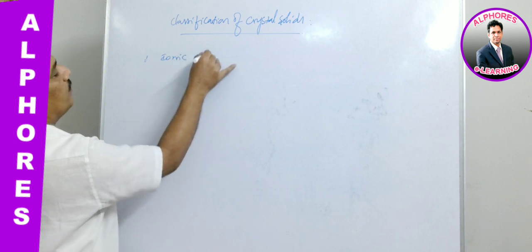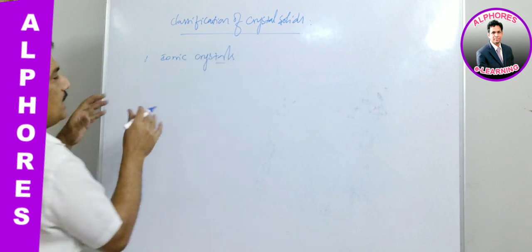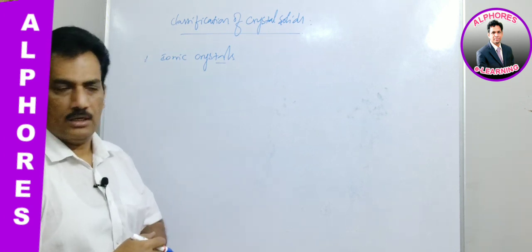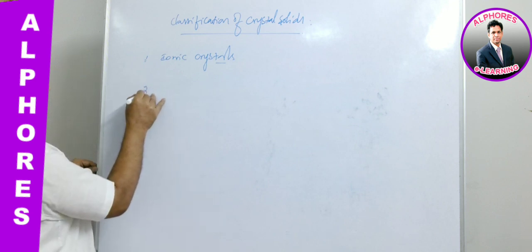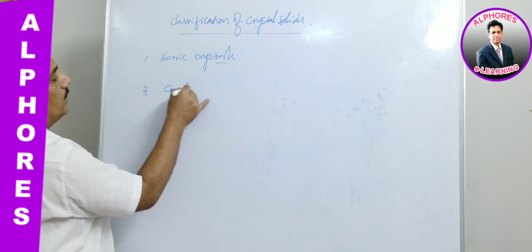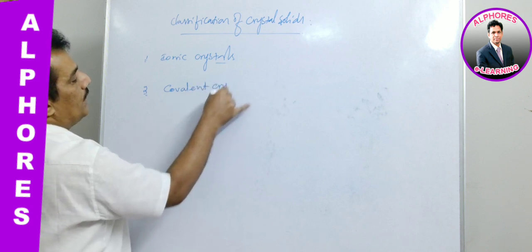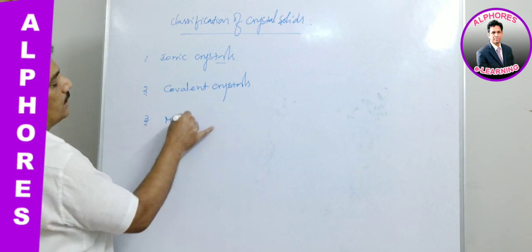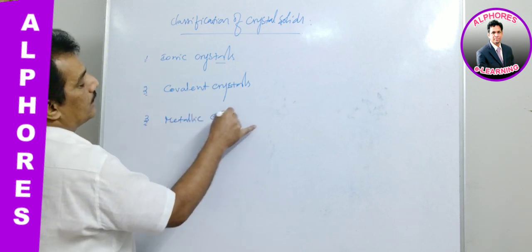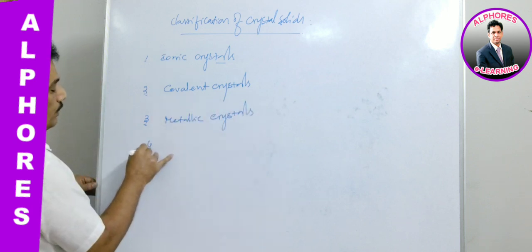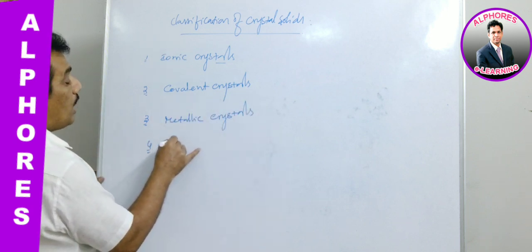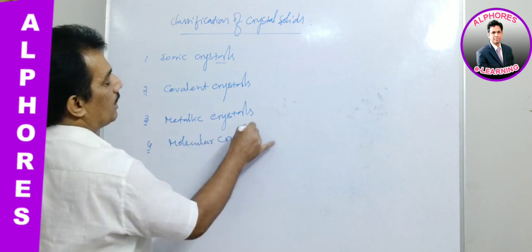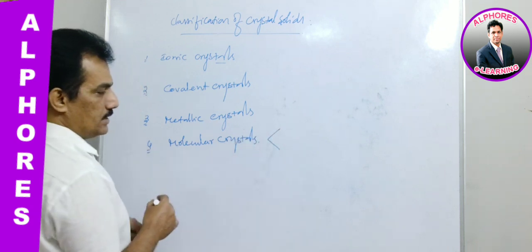Simply from the name itself you will know what will be the bonding force among the constituent particles in the crystal, ionic crystals. And second one is covalent crystals, and third one is metallic crystals, and fourth one is molecular crystals. And you remember these molecular crystals, again two kinds.